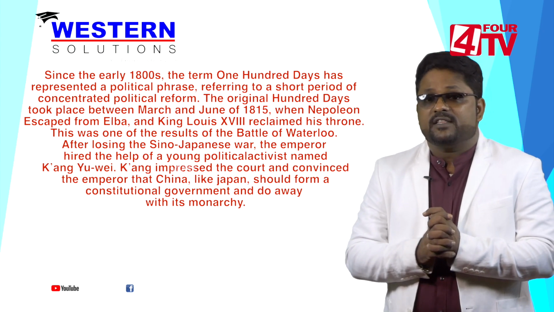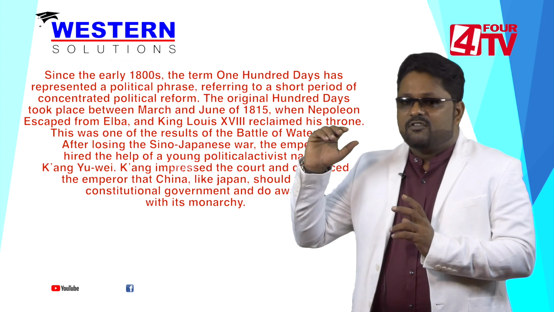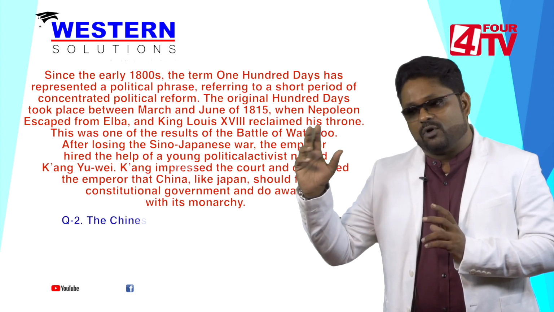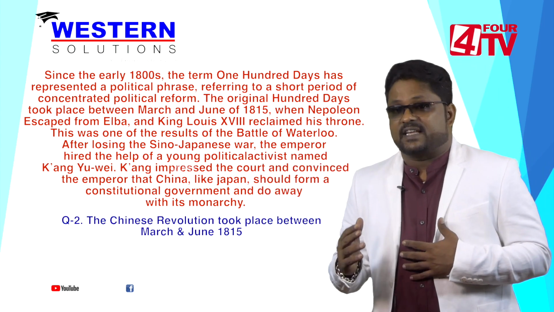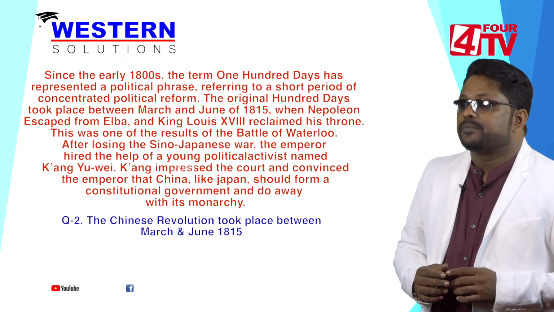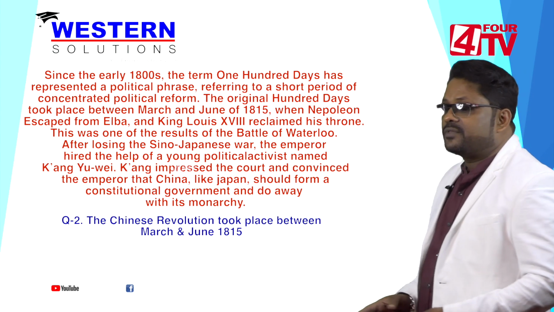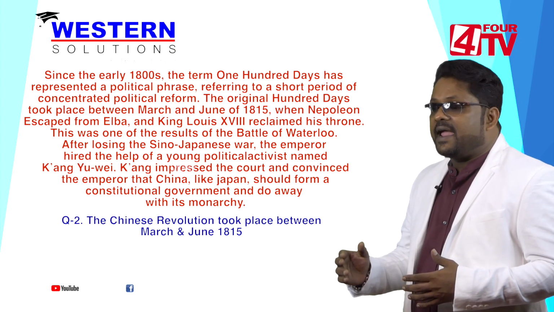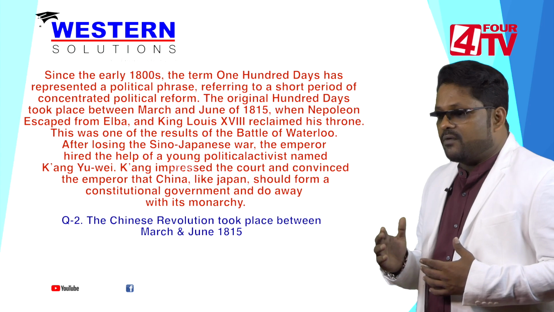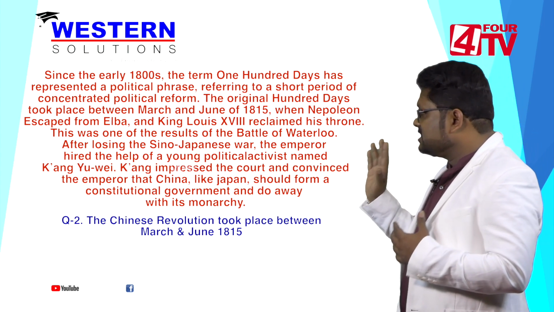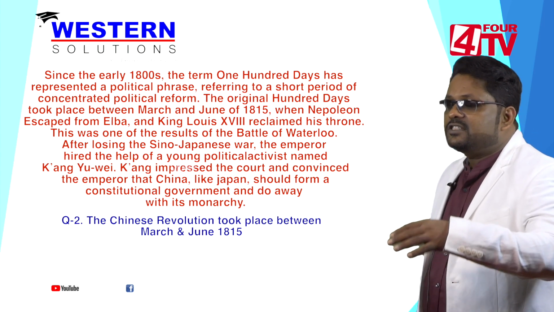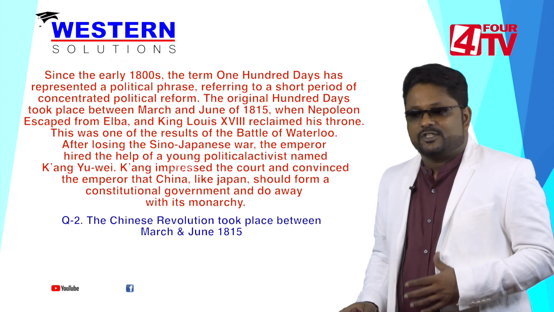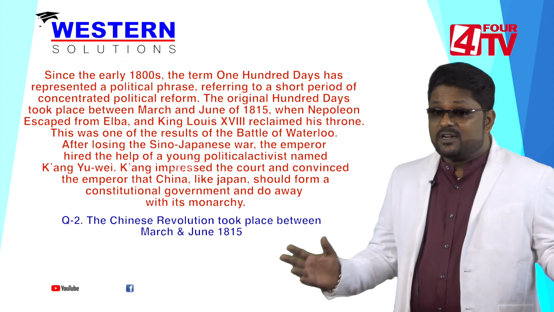Now let's look at the next question, that is about false. Let's see how you get a false answer. So now let us look at the second question. Looking at the passage, the Chinese Revolution took place between March and June 1815. First of all, the Chinese Revolution is not there in the passage. A lot of students come and tell me that the answer is not given.